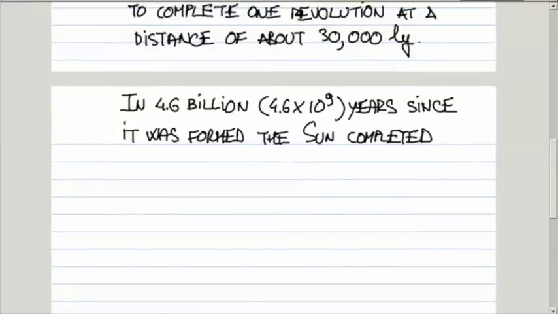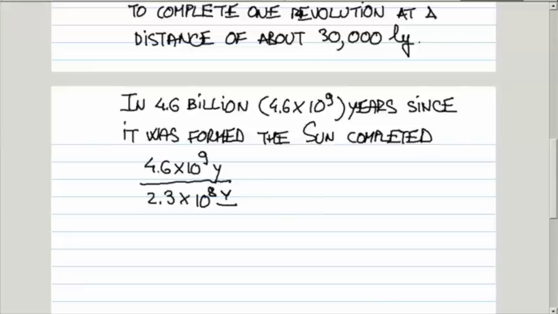So we have 4.6 times 10 to the 9 years, and I should divide that by 2.3 times 10 to the 8 years per revolution, right?